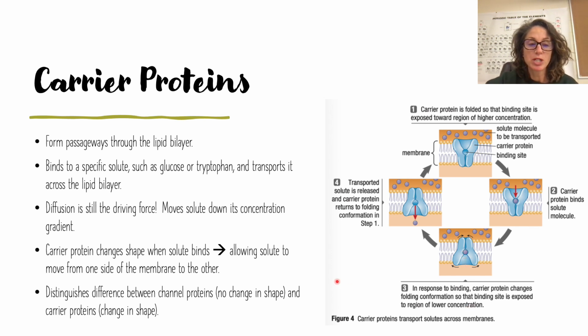Okay, carrier proteins change shape when the solute binds, so that's really important. That is the distinguishing feature between a channel, which essentially acts as a tunnel for the solute to go through, versus a carrier protein, which is going to change shape and then release the solute into the cell.